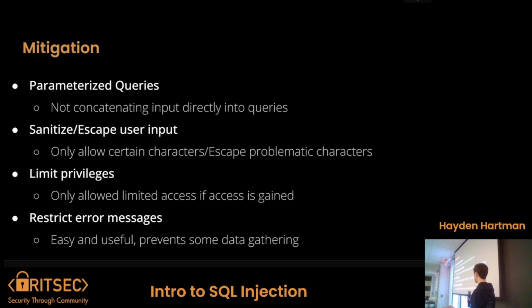You can sanitize user input, which is essentially preventing certain characters or modifying those dangerous characters so they aren't a problem in a string. Obviously, limiting privileges can stop users, even if they gain access, from doing much once they're in. And also restricting error messages is a super easy way to stop malicious actors from gaining more info. They don't know exactly if a field is vulnerable or not, so that can be really beneficial.